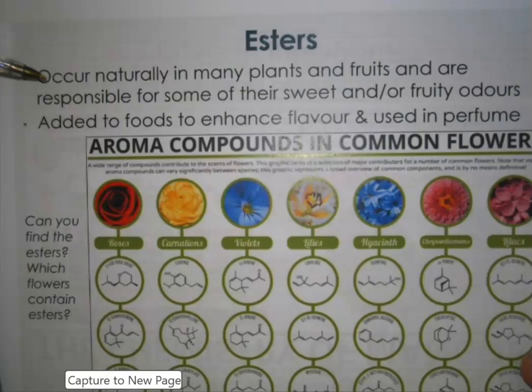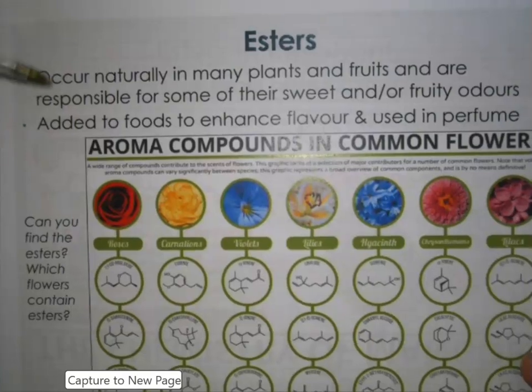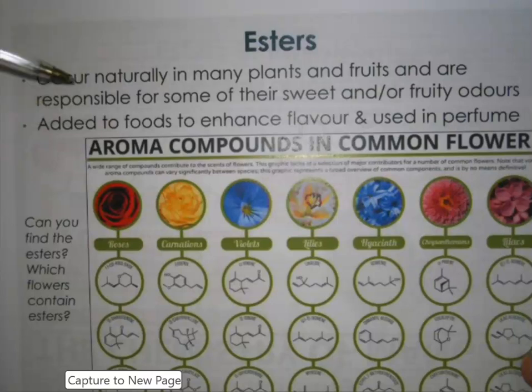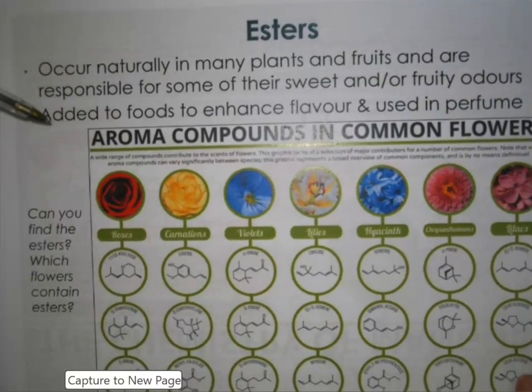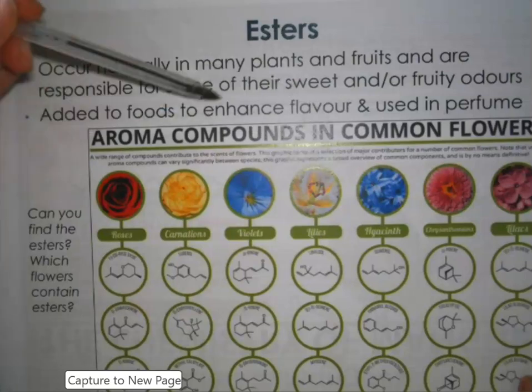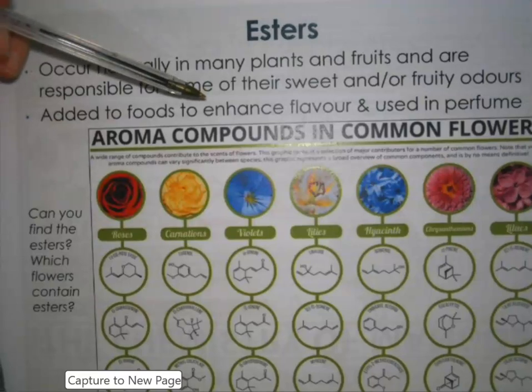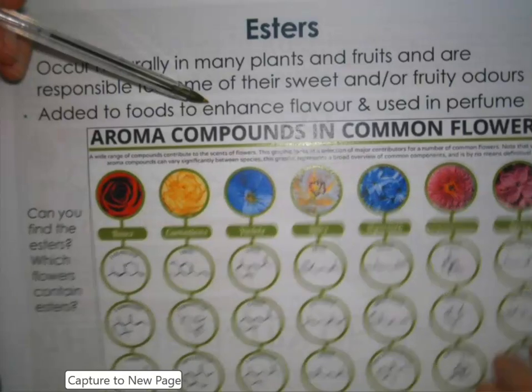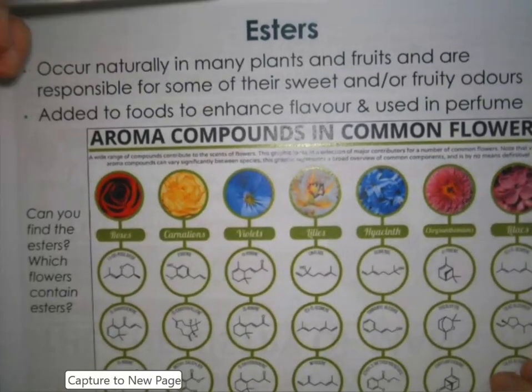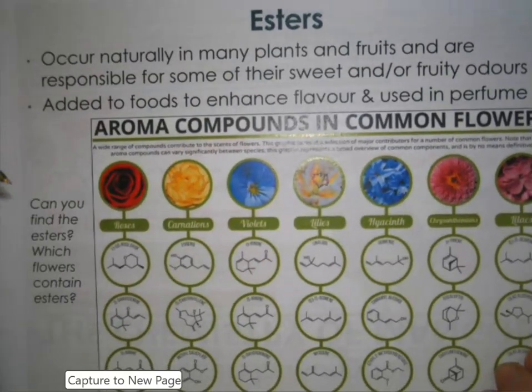And so we can associate this a lot with different types of fruit or flowers and the smells that we see with them. A lot of times esters are added to foods to enhance flavor. So if you ever see any kind of additional flavor, especially for fruit flavored things, often it's going to be esters that are responsible for that, and same thing with perfumes.